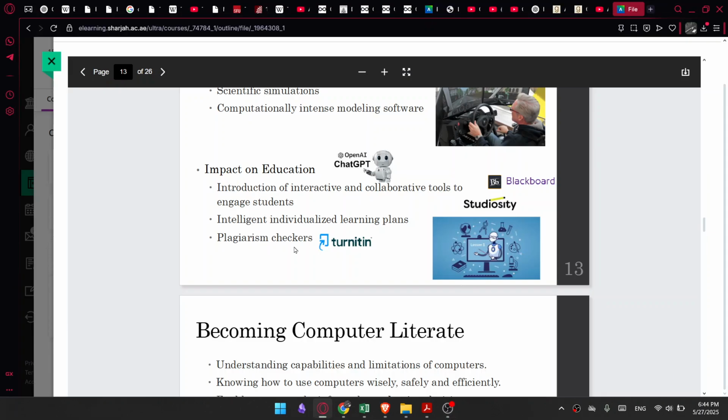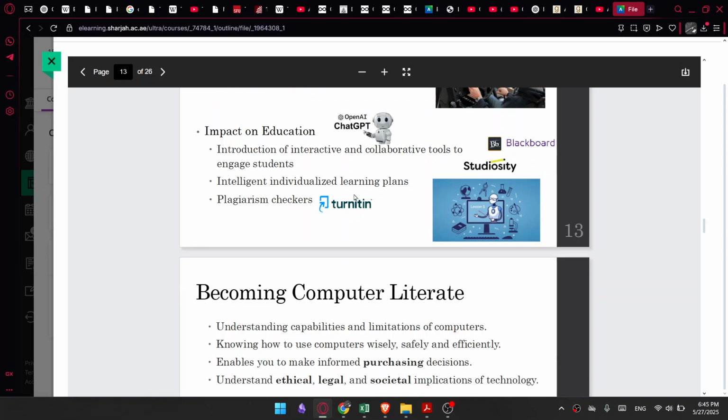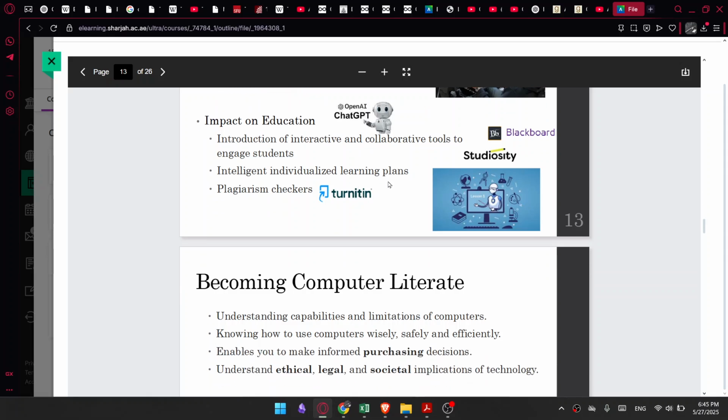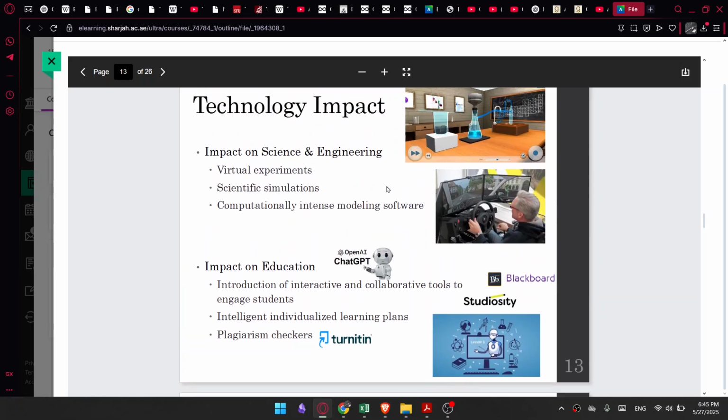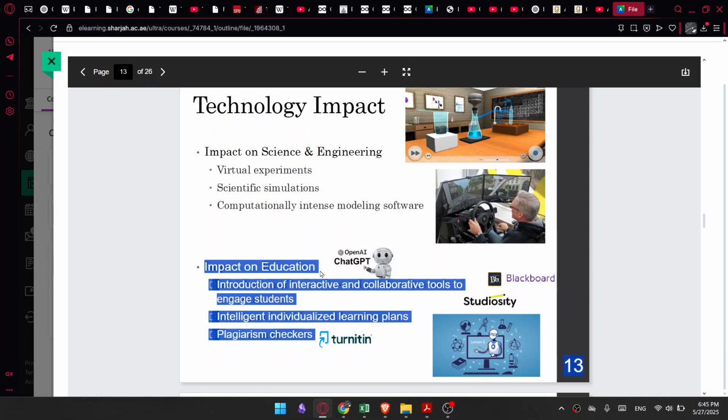As we said, they can know whether the student is cheating or not by using ChatGPT. Nowadays, every day, technology has developed, and each day we see many applications and websites that the scientists create.